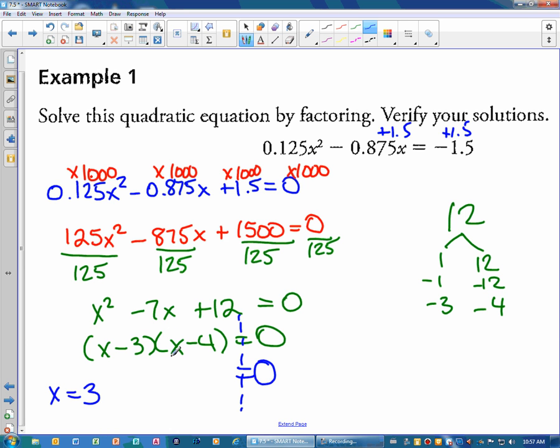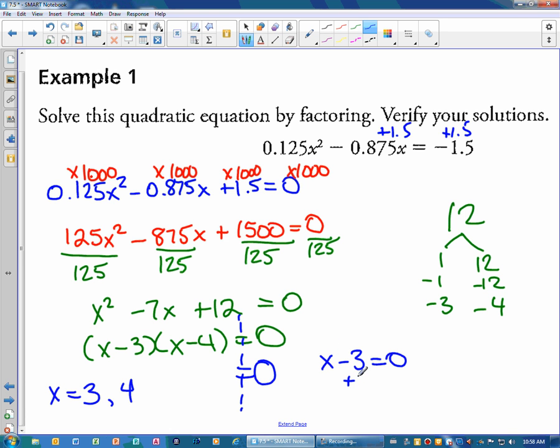I have to put something in this bracket that will make it 0, which hopefully you can tell is 4. Okay? You need to make your left side 0, so think, what numbers can I plug in that will make it 0? Now these ones are pretty easy to tell by inspection, but what if it was a little more complicated? All you'd have to do is take each of them and make them into 0, because that's what you're doing. You're asking yourself, what makes this equation equal to 0?